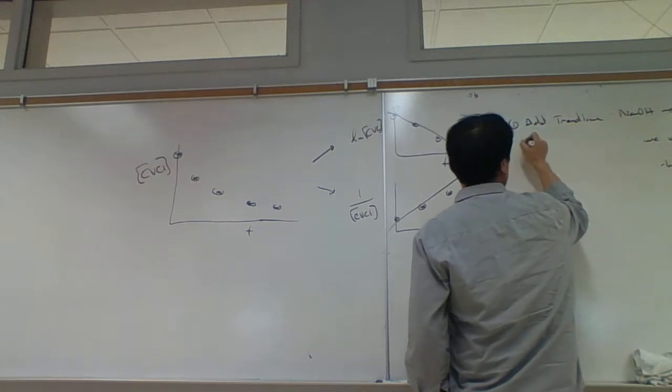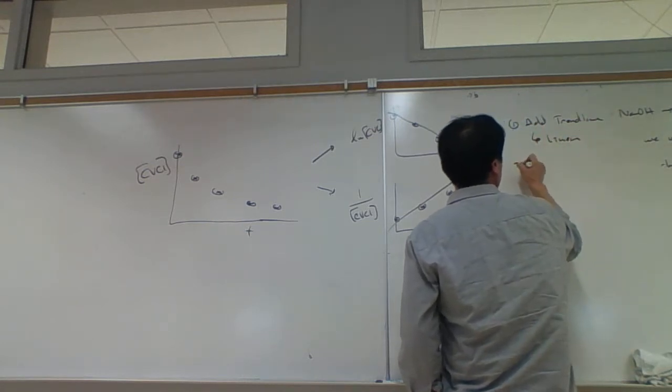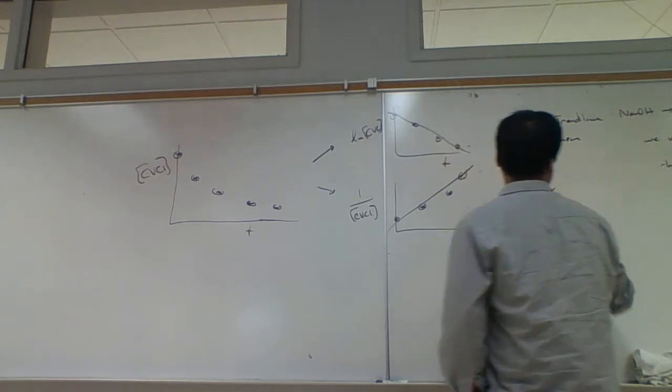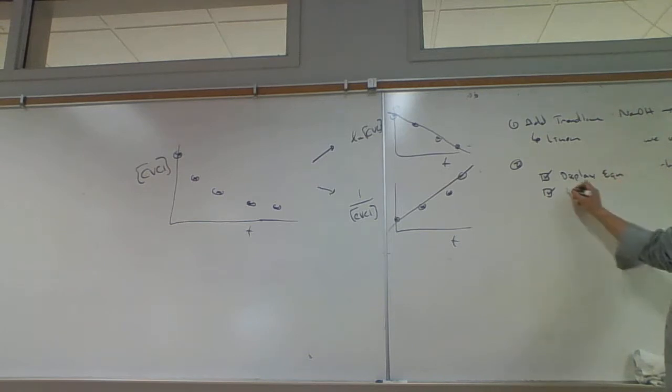The default option is linear, so we'll just leave it as linear. And then at the bottom of the formatting window on the right, we select the bottom two check boxes, display equation and display R squared.